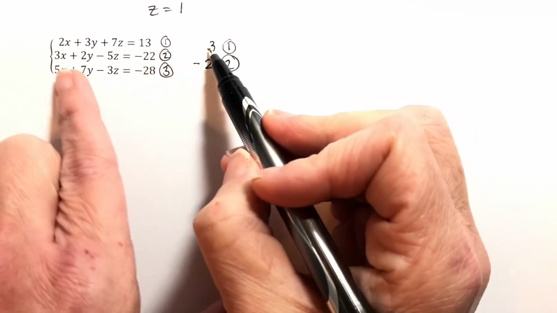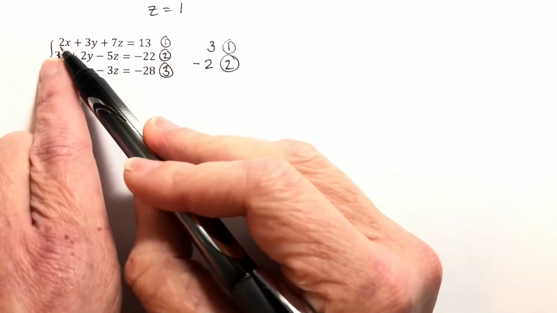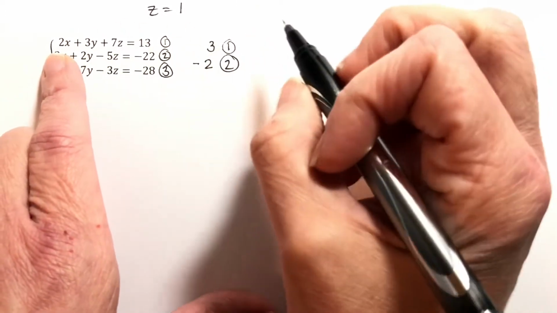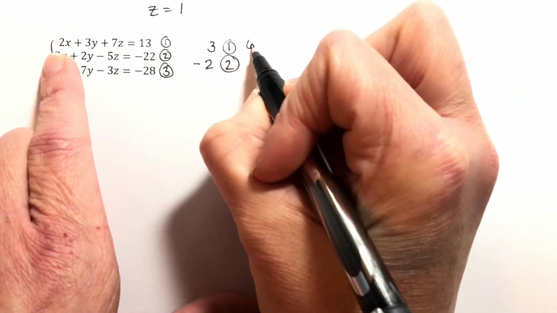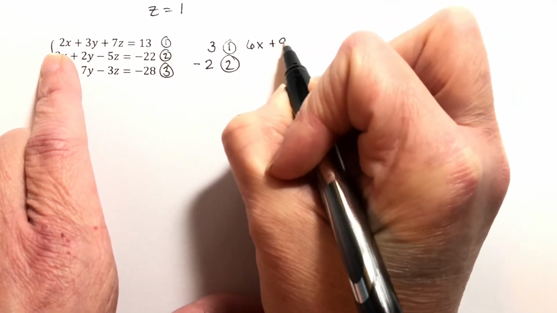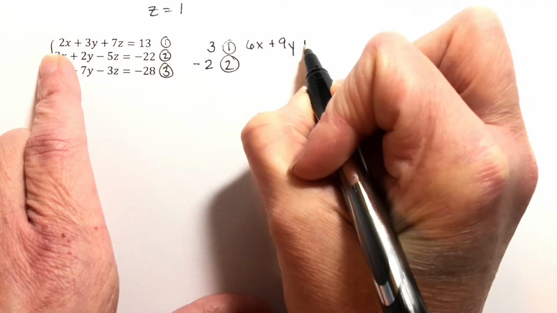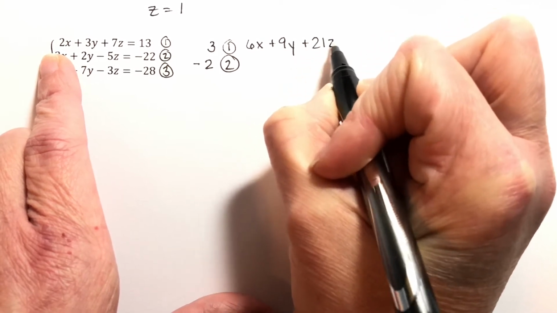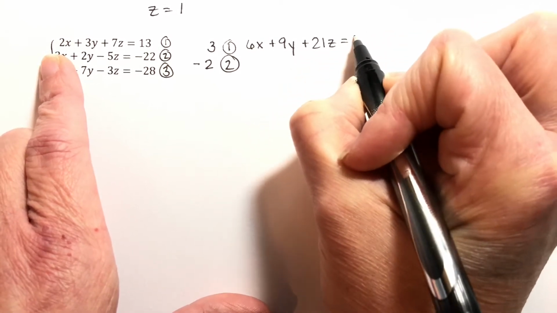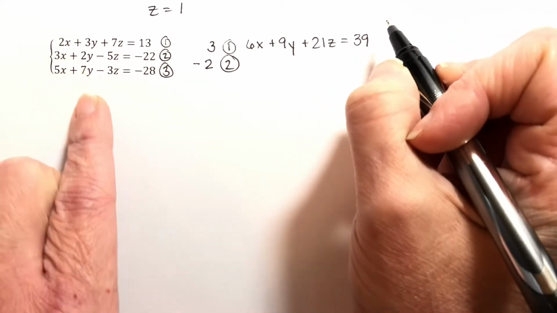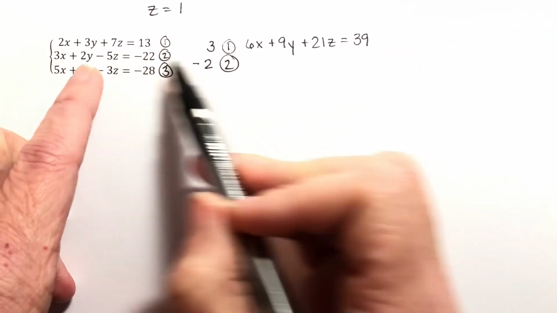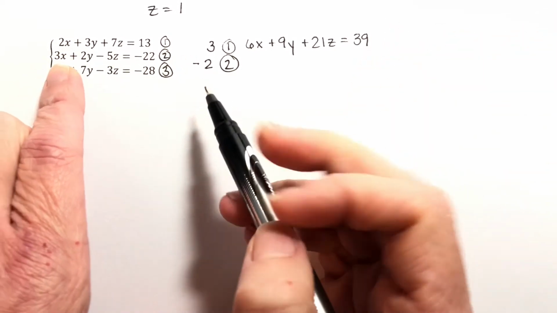Okay? So now I need to multiply everything here in equation 1 by a 3. That gives me 6x plus 9y plus 21z is equal to 39. Now I'll multiply everything in equation 2 by a negative 2.